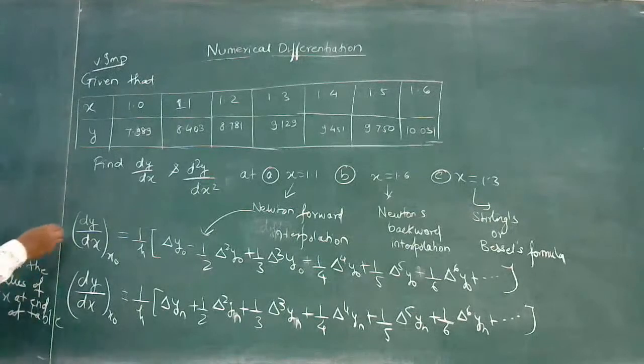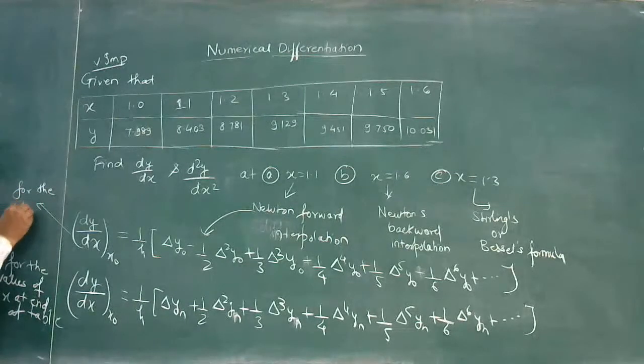And this is for the value of x at the top of the table. Okay, so it should be clear.